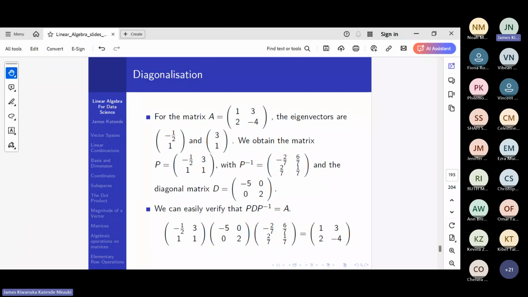You can put them as a diagonal in this matrix D. So now if you multiply these, you will recover your original matrix A. So we have just used a matrix whose eigenvalues and eigenvectors we already computed before. Is this making sense?